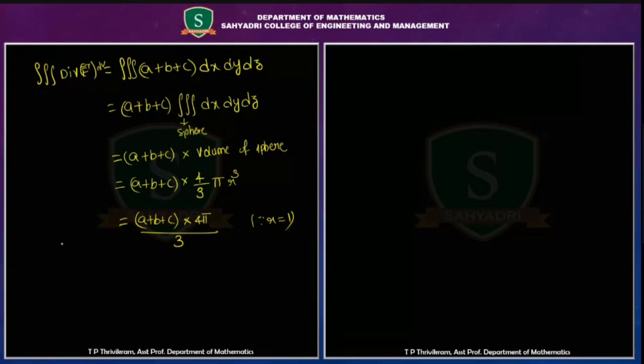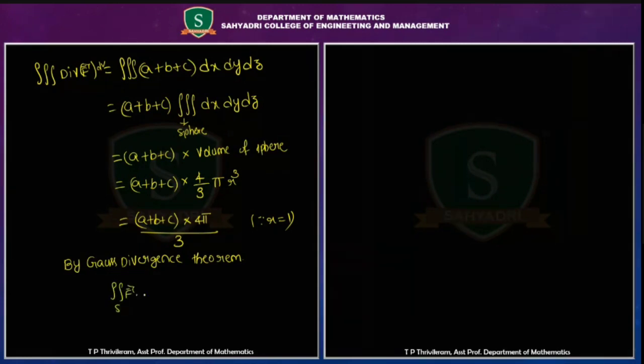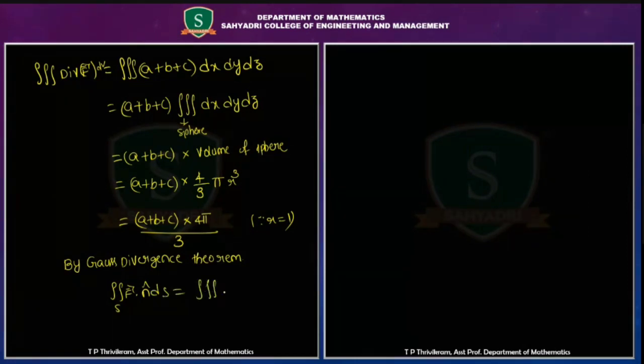So by the Gauss divergence theorem, the surface integral over S of F dot n cap dS is nothing but the triple integral over V of divergence F dV.